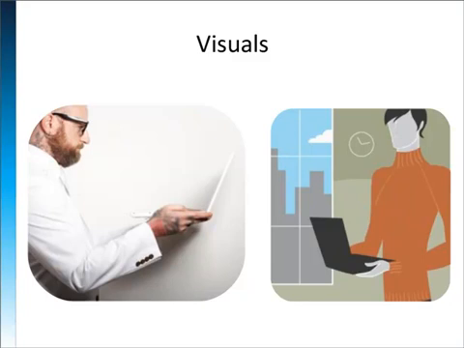Visuals come in two main categories: photographs or vector graphics. Each of these requires specific design software and more time to produce than you might imagine. But they also have different uses. Notice both of these visuals depicts a man with a laptop, but the one on the right is somewhat more abstract.